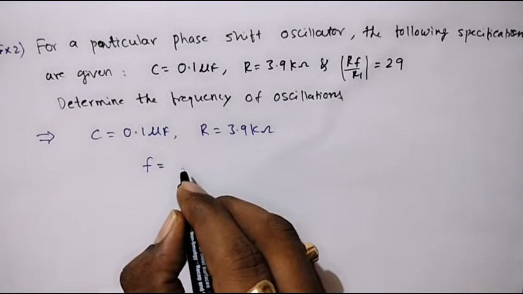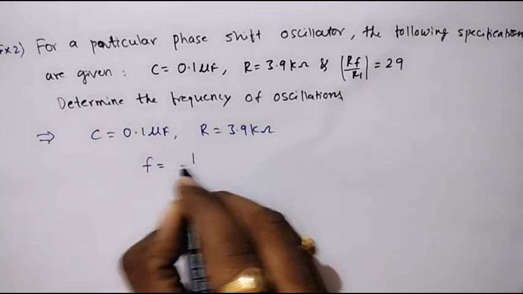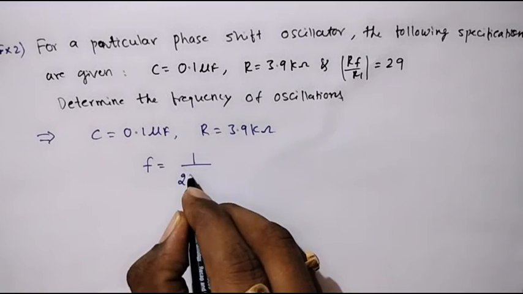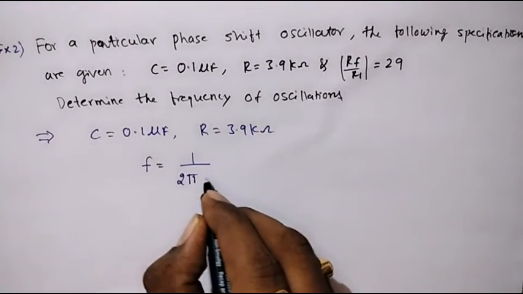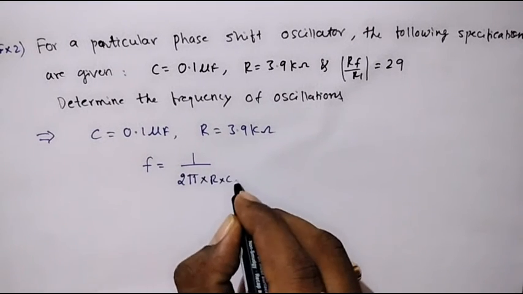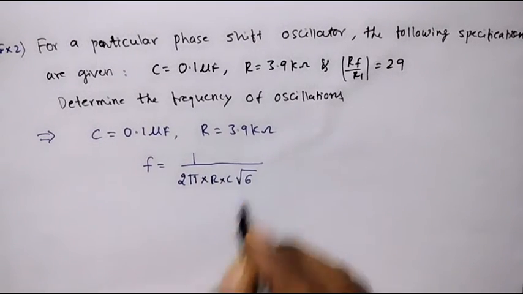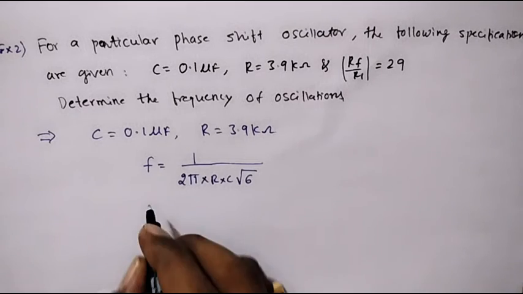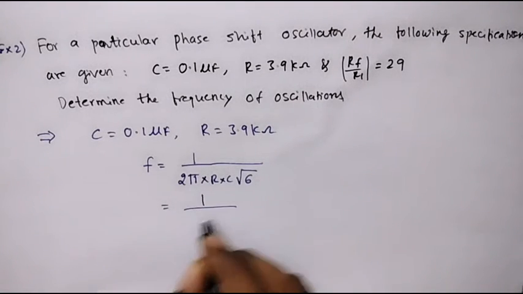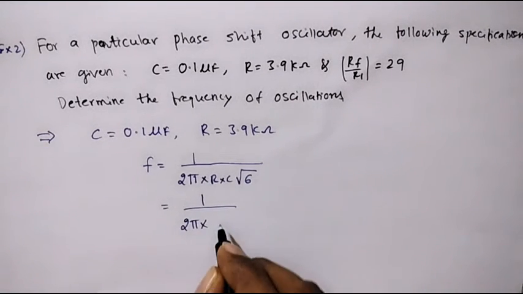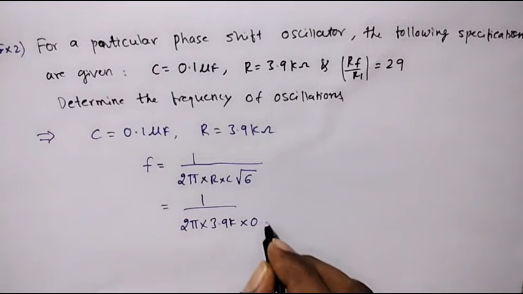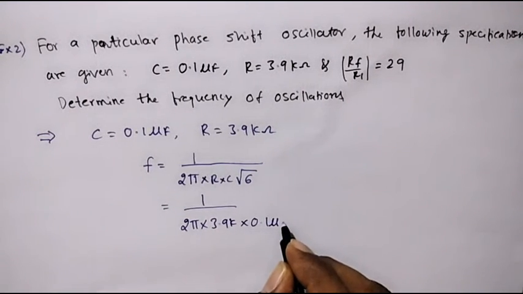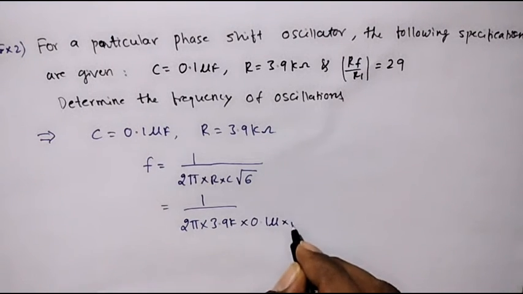The frequency of oscillation in a phase shift oscillator is given by the same formula, that is 1 upon 2 pi R into C root 6. Substituting the values, R value is 3.9K into C value is 0.1 micro into root 6.